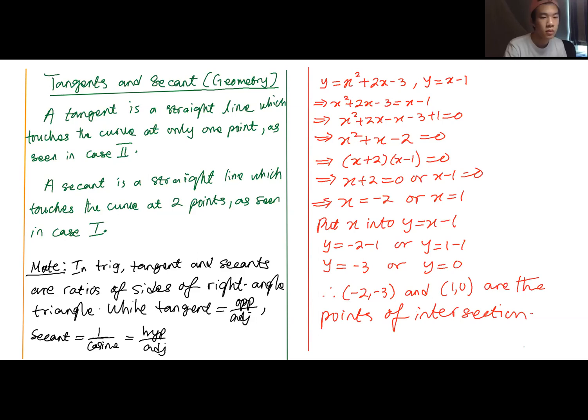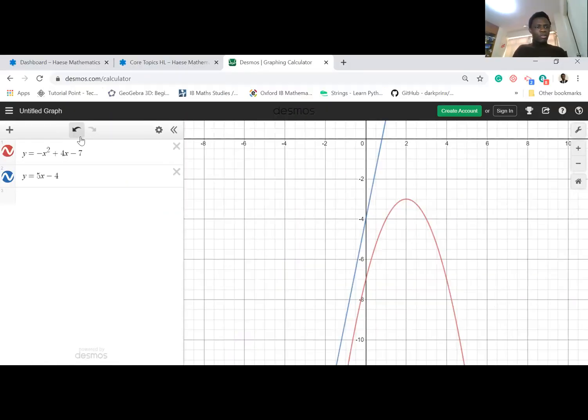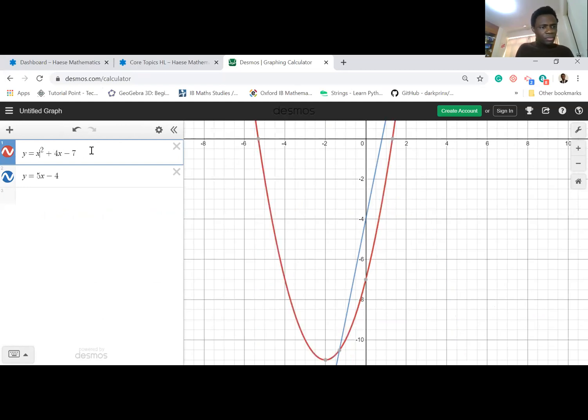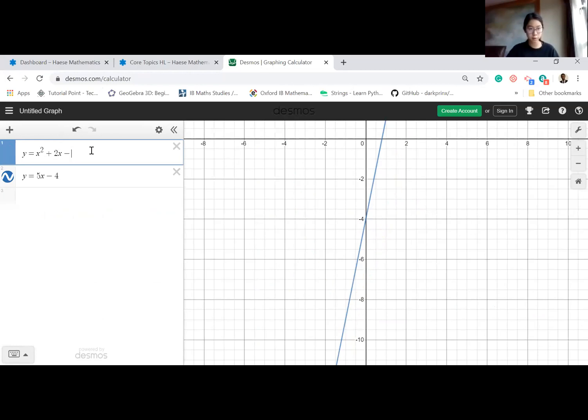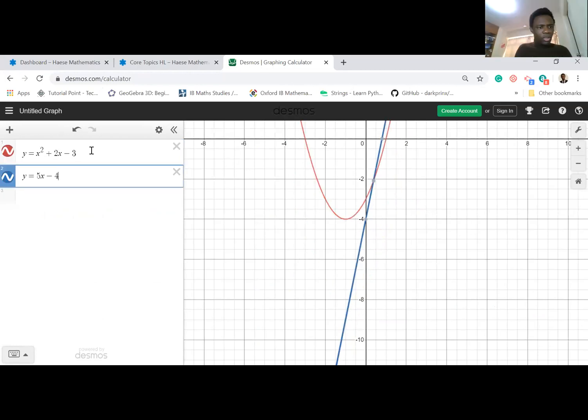What is the next question? The next question says, plot the graph on the same axis. Nakita, give me the equation again, please. X squared plus 2x minus 3, and the other is x minus 1.